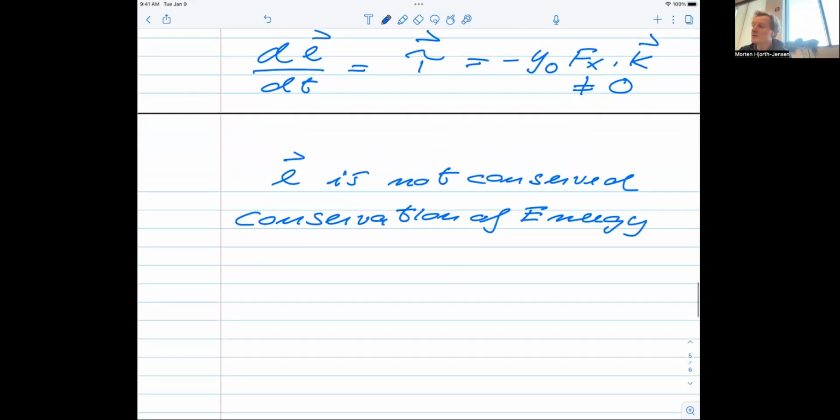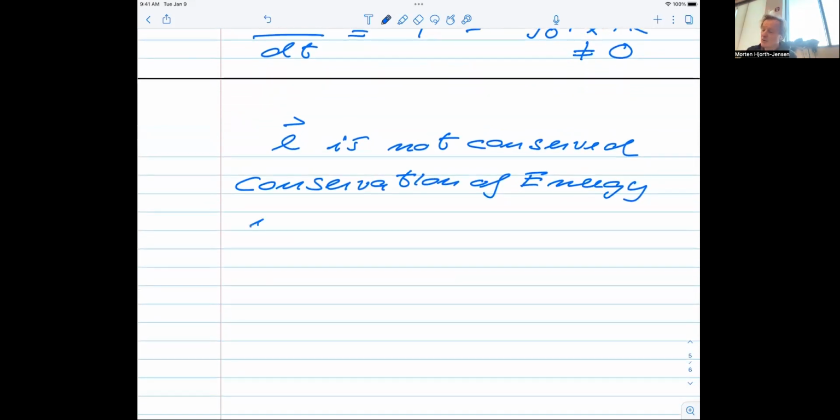So one of the things is now that we have a force which depends only on the spatial degrees of freedom. So there is no time dependence in addition to the time dependence which you have in position.